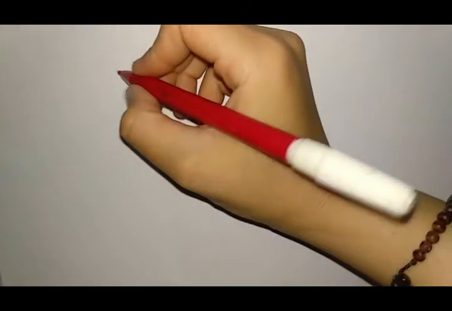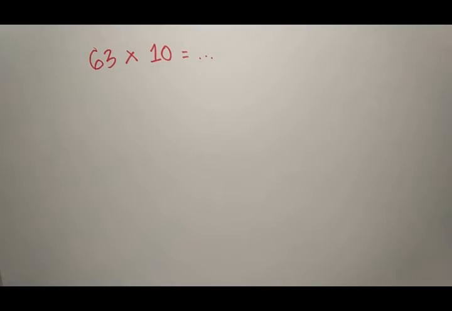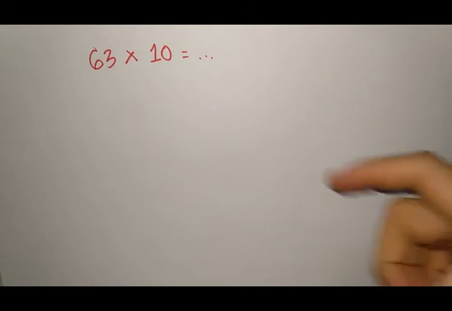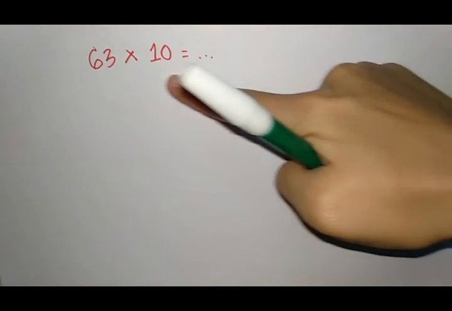There are some cases in multiplying by a two-digit number. For example, 63 times 10 is easier than the previous example I've shared. So you don't need to make a form like the previous example, but you just keep the 0 first. How many 0 here?